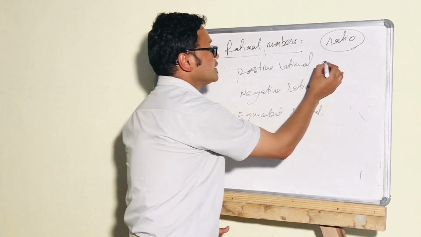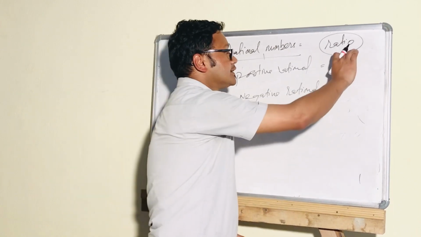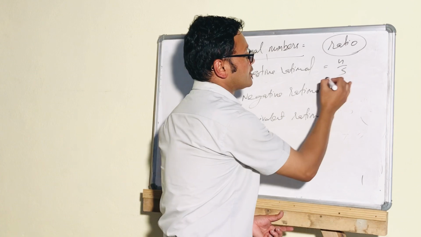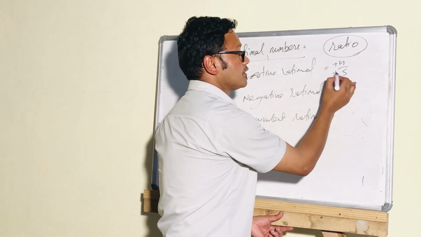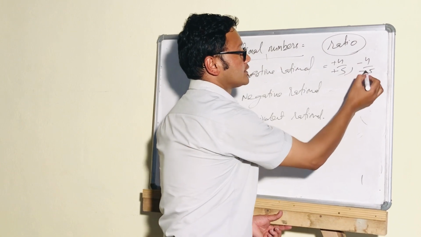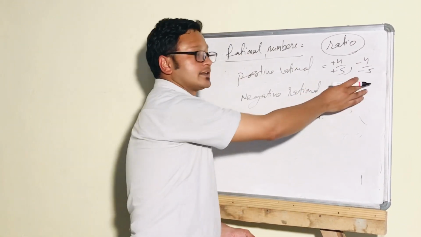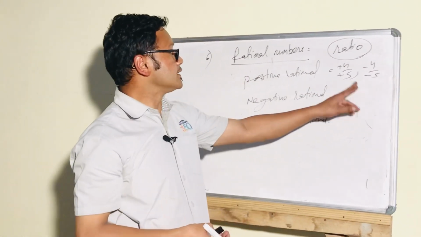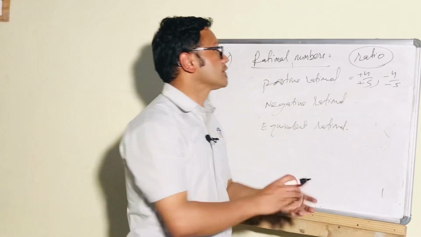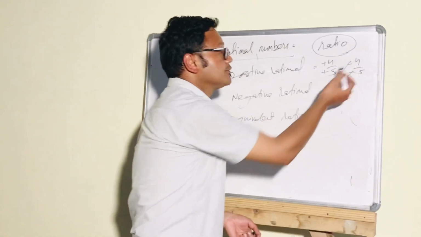Positive rational means the numerator and denominator both have the same sign. That means 4/5 with plus and plus, or 4/5 with minus and minus, same sign. We can cut this minus and minus, and it becomes 4 and 5.